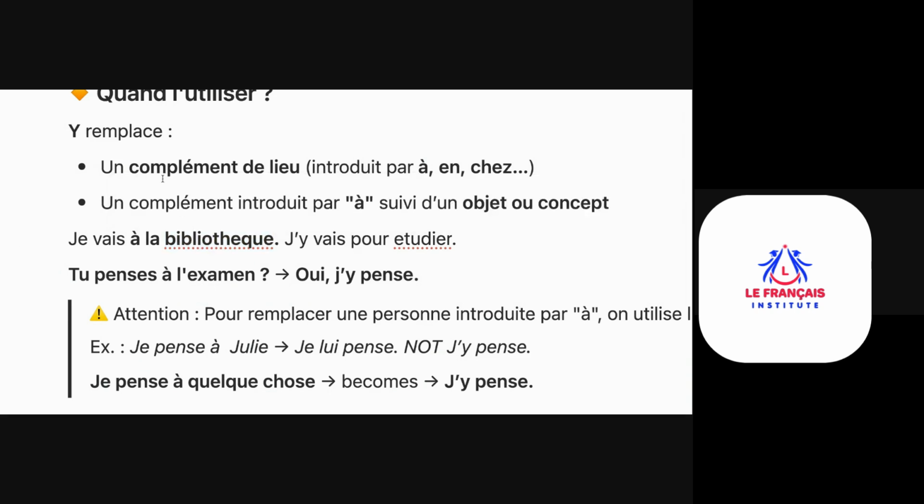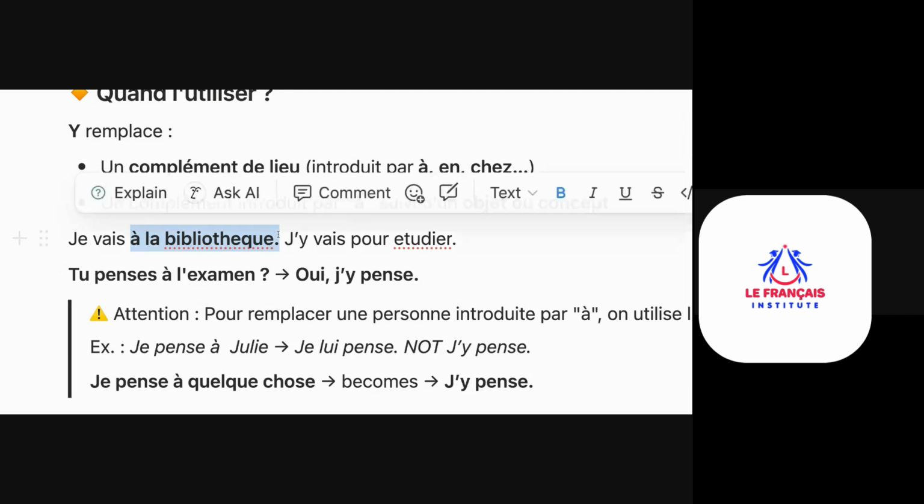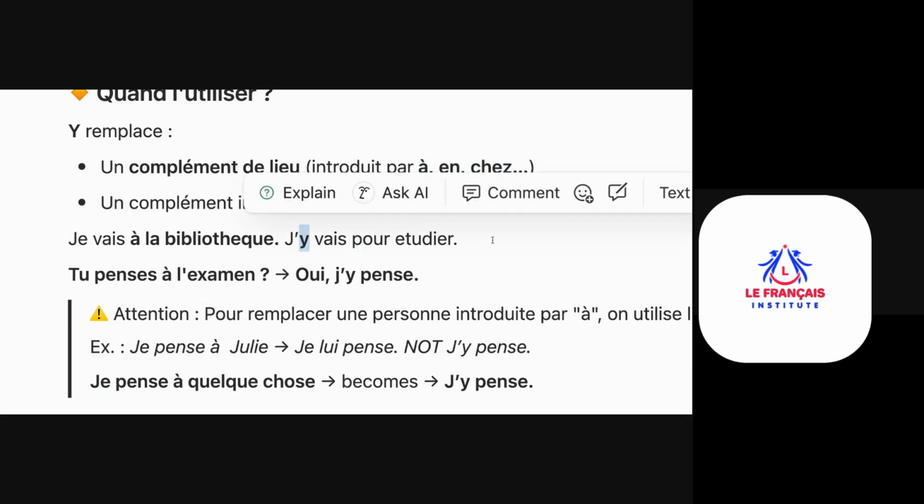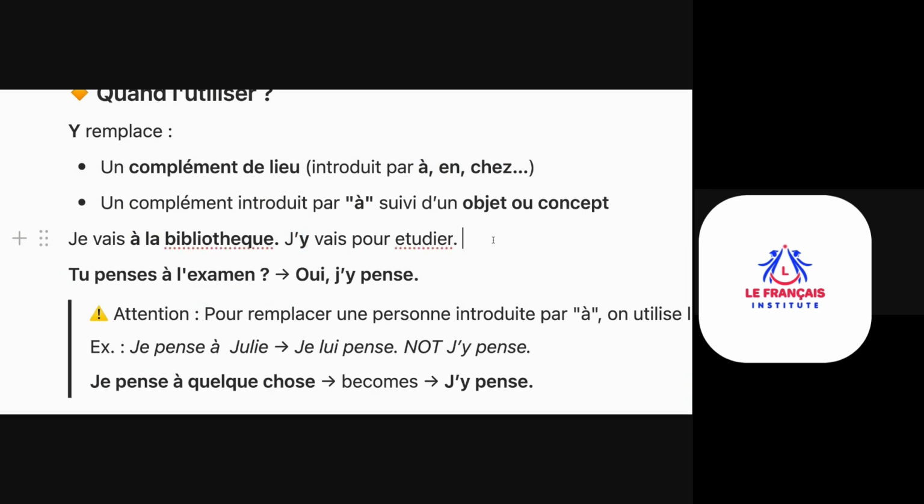We are replacing the complement of the place, so the entire group of words that introduces the place, right? That's the complement. À la bibliothèque. To the library. So any complement of place that is introduced by à or dans, whatever it might be, we replace that. We use y to replace that. J'y vais pour étudier.